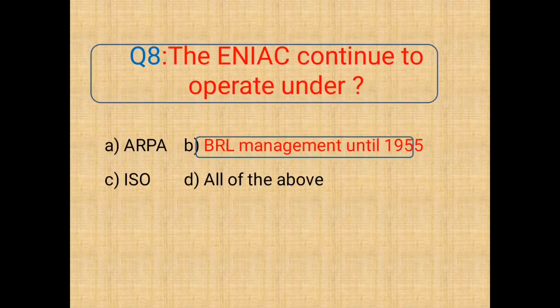Question number 8. The ENIAC continued to operate under A ORFA organization, B or L management until 1950, C ISO, D all of these. So in this case the correct option is B or L management until 1950.